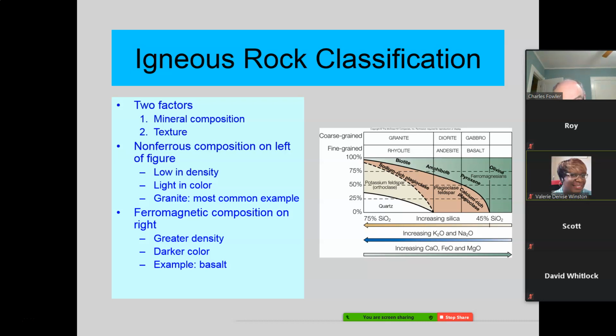Potassium feldspar, orthoclase. How about sodium-rich plagioclase? Well, in granite this looks like maybe about 70% up to maybe 95%.